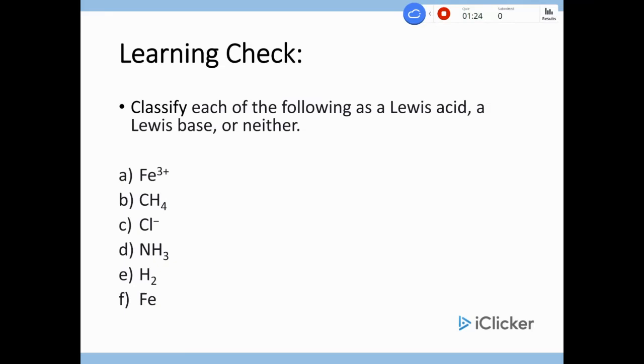Okay, so acids have an open valence shell, and then bases have available non-bonding electrons. So those are Fe3+. You have 3 plus, but does it have available electrons? 3 plus means it has lost 3 electrons.